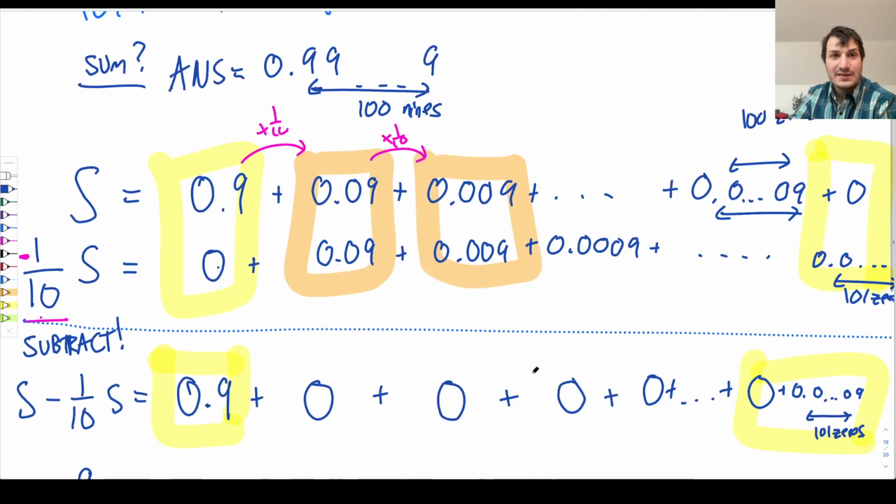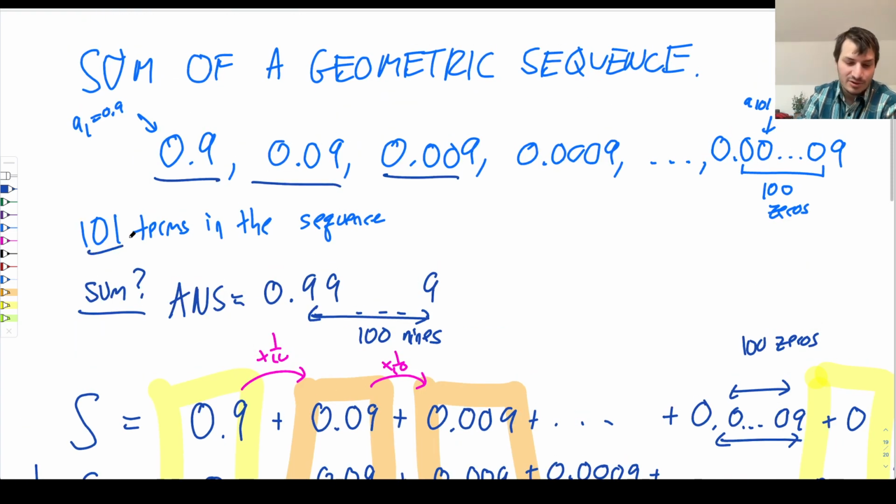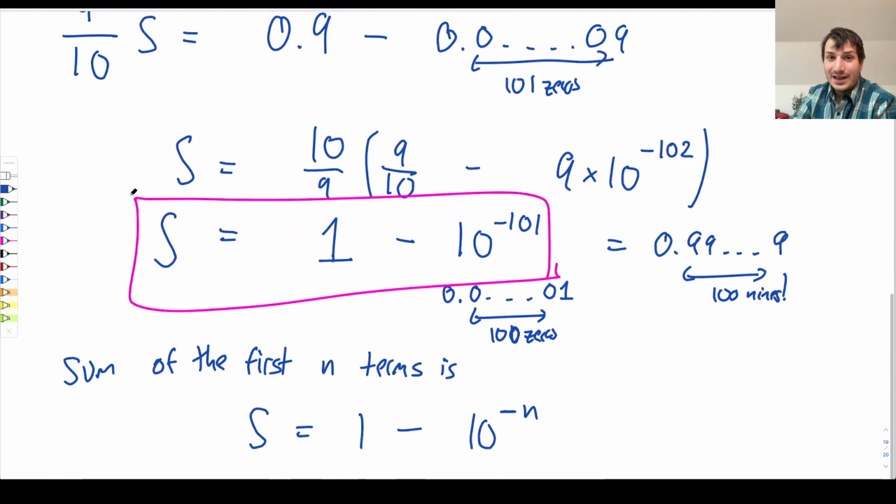The number of terms in this problem was 101 terms, and the answer was 1 minus 10 to the 101. In general, you do it with n terms. It's this. And this formula, s equals 1 minus 10 to the minus n, is the reason that people say 0.99 repeating equals 1 exactly.